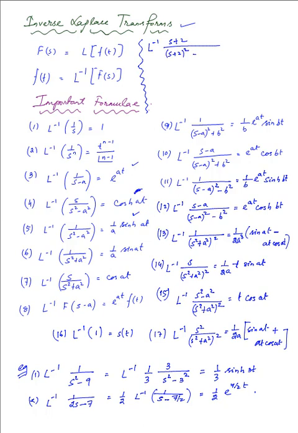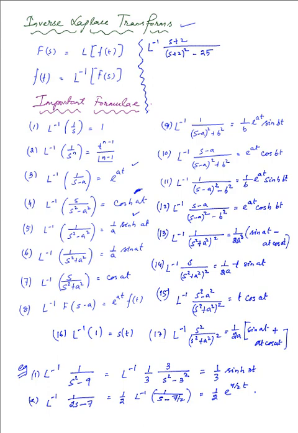Now 25 is simply 5 squared, and we have s plus a, but in the formulas that we have considered, we have s minus a, so we can take a as the negative case over here. So minus 2, we can take a as minus 2, so that will be minus of minus 2, which will give us s plus 2.